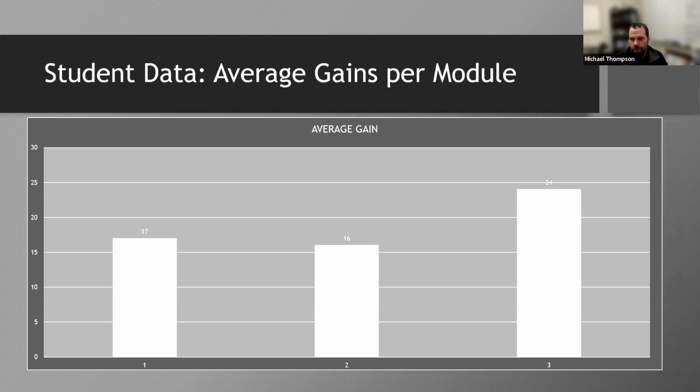Pretty good. What's really exciting to me is that, if you've worked with the program, I feel that the third module is by far the most difficult, and that's where we saw the biggest gain. I think that's pretty encouraging, to see the biggest gain for the hardest module.